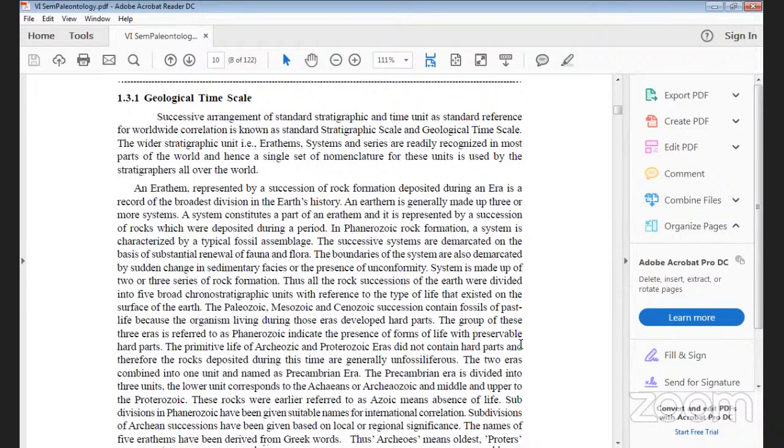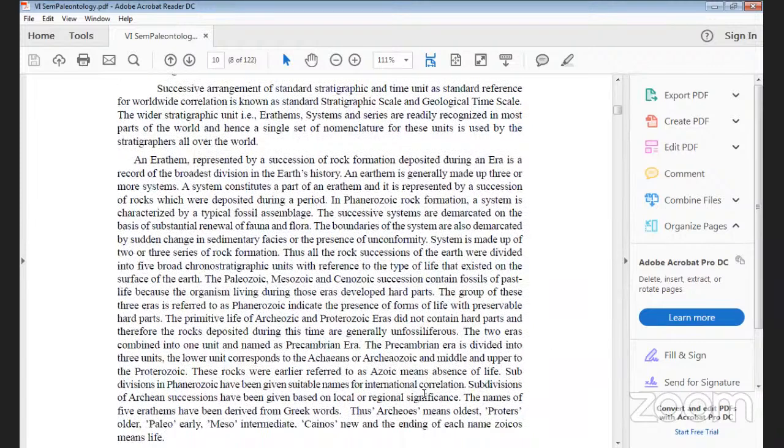If you see, an erathem is represented by a succession of rock formations deposited during an era, a record of the broadest division of Earth's history. An erathem is generally made up of three or more systems.